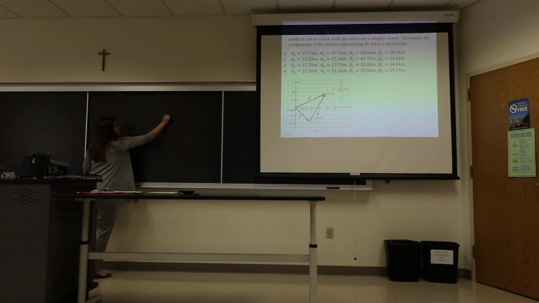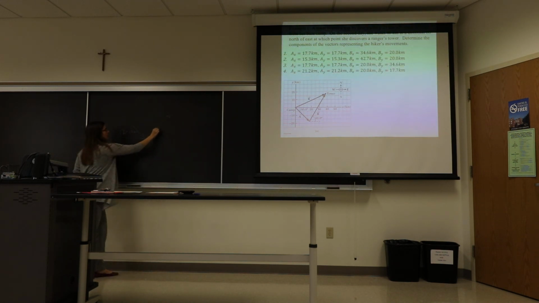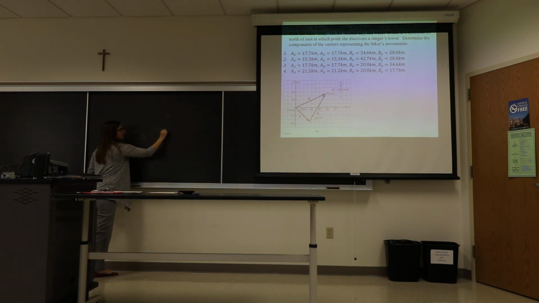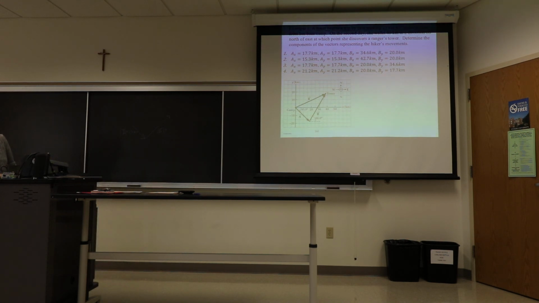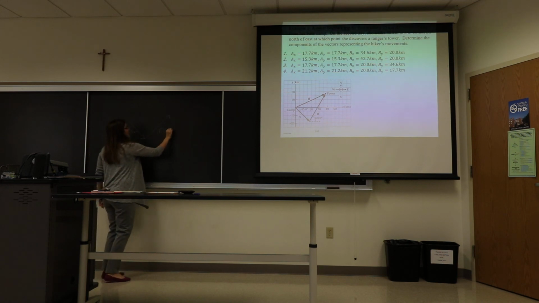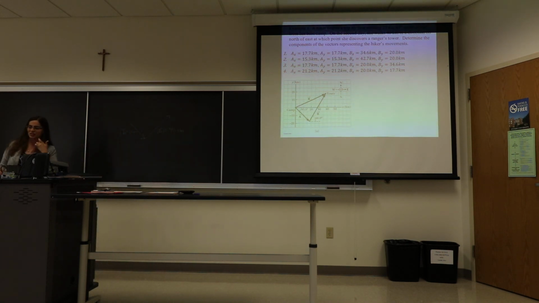And then she's going to go this way, which is B, and the magnitude of B is 40 kilometers. So she gets much more in on the second day, just invigorated by nature, I suppose.